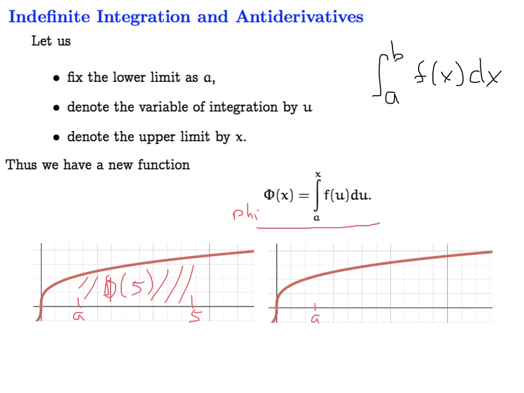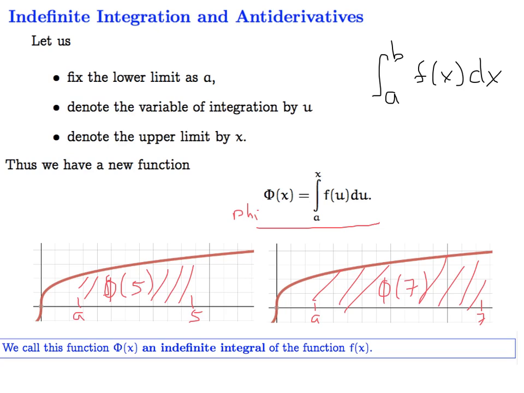Whereas if I picked a number, say, let's call it 7, phi of 7 represents this bigger area, this bigger change. So this thing still really is a function. It still depends on what value you put in for x. And that x just tells you how far to integrate. It tells you where to stop your integration instead.